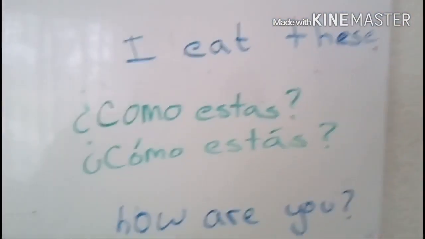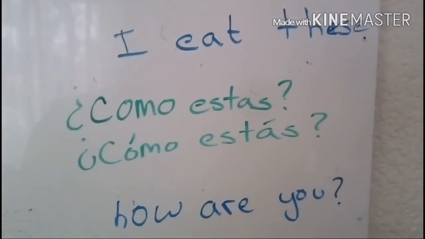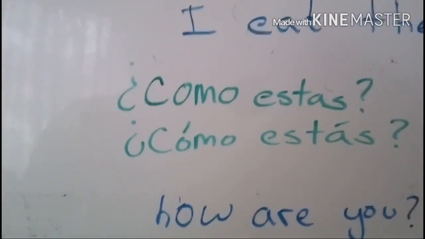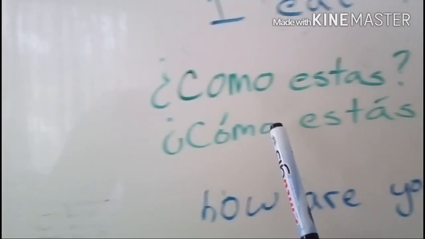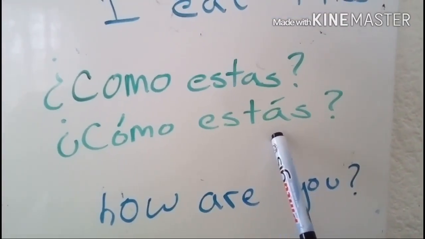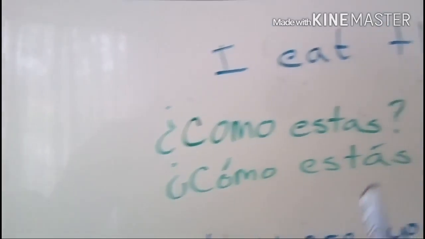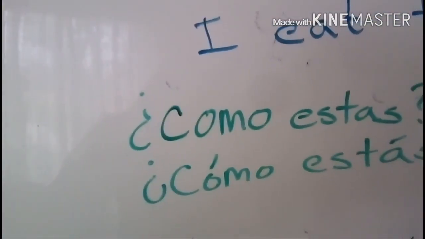So finally we have this common phrase in Spanish, ¿cómo estás? That means how are you? But it only means how are you if you have an accent. How are you? ¿Cómo estás? But many people write it without accents, also with these interrogation marks.